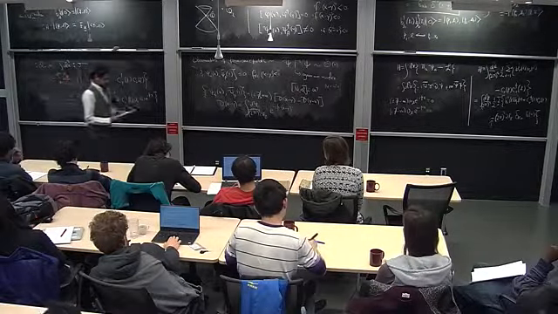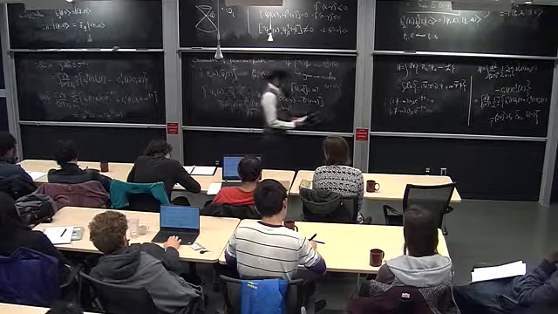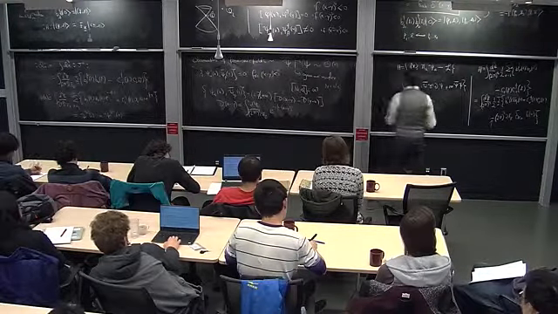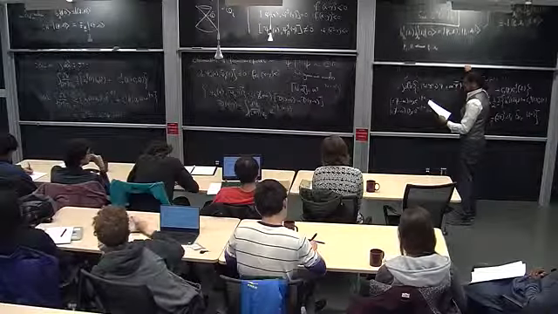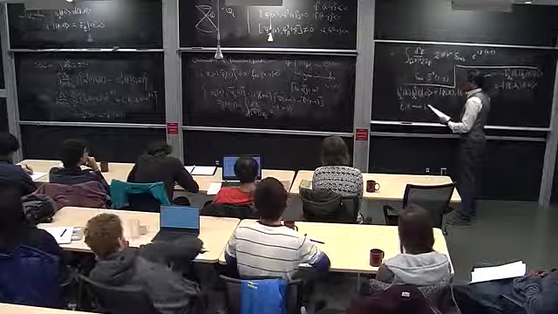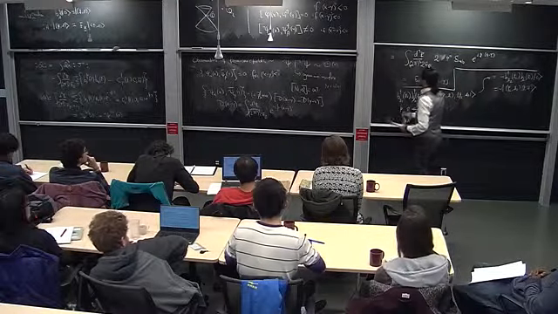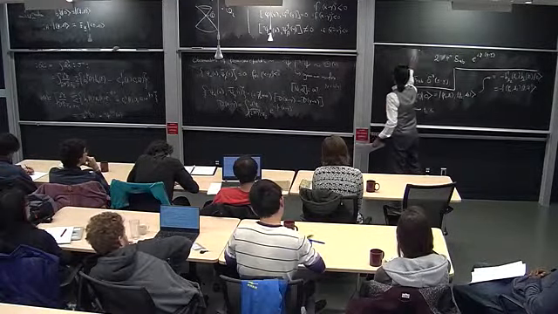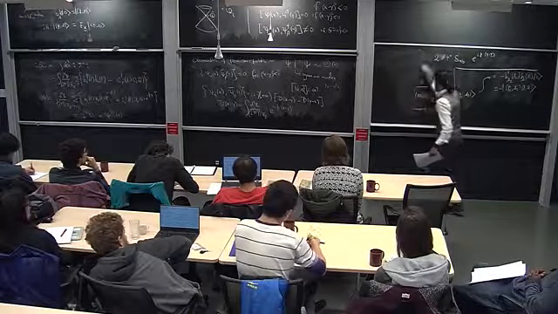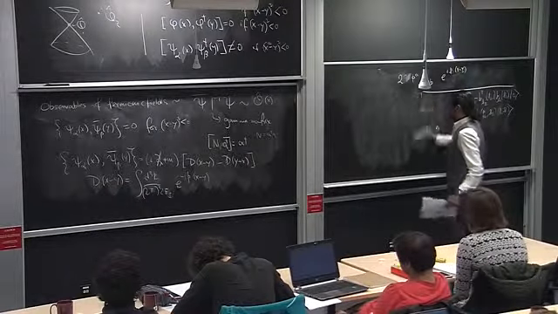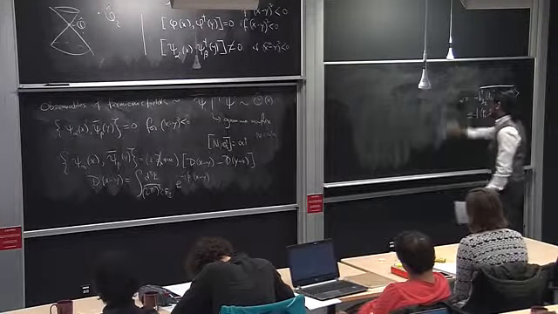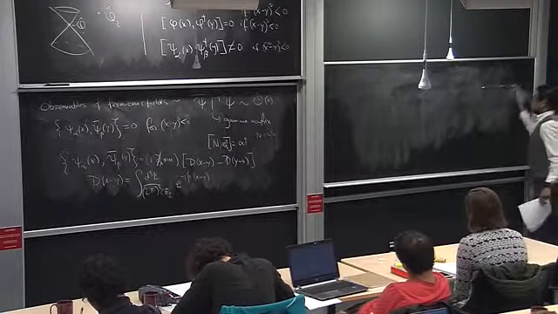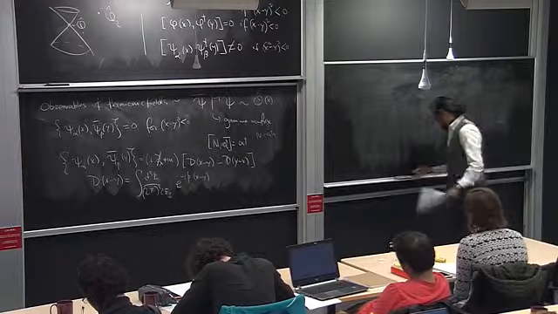Okay? So I have one minute, and let me just tell you something which I'll come back to next time. The idea is: what is the consistent definition for the time ordering for fermions? And yes, you've guessed it, you need to introduce a minus sign.